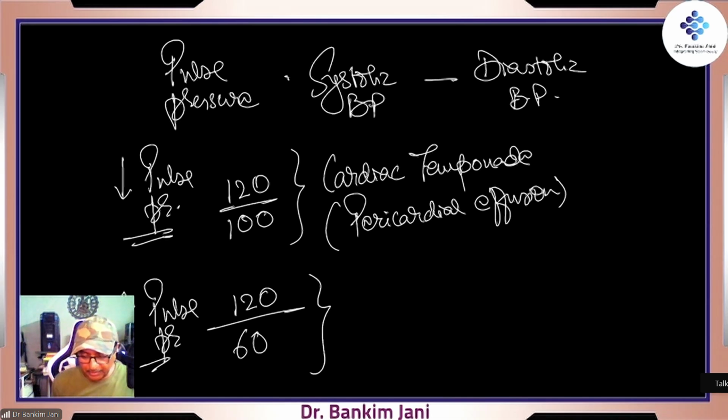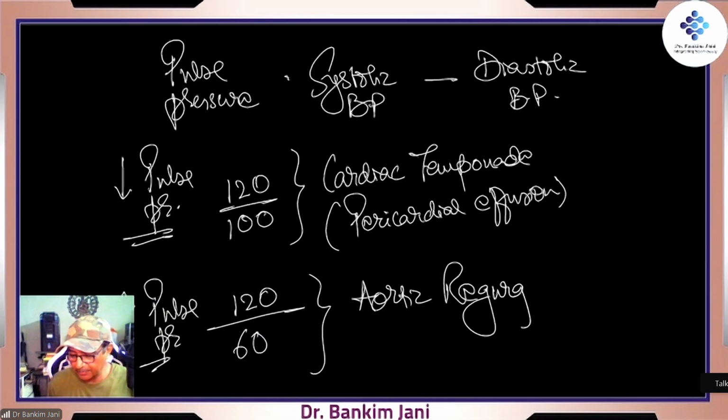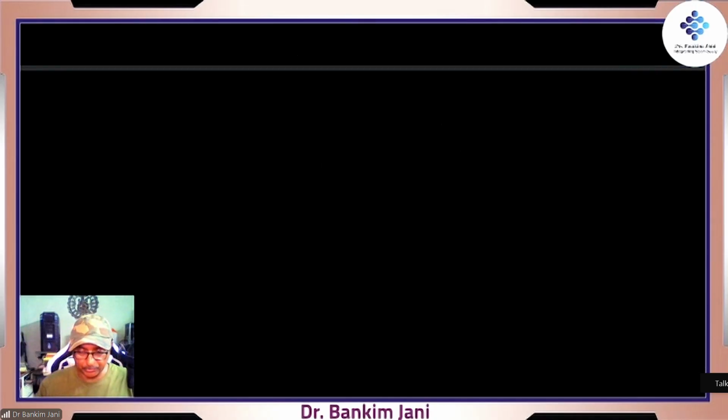Classical condition: aortic regurgitation. We'll be discussing all these conditions separately, and at that point these things will come into the diagnosis, how you can really diagnose.